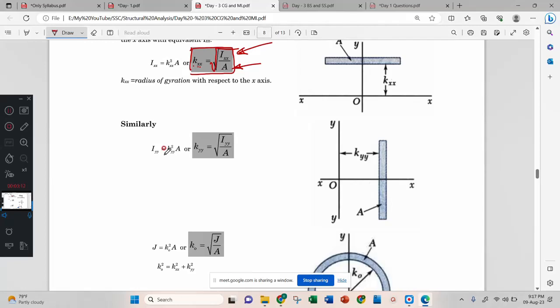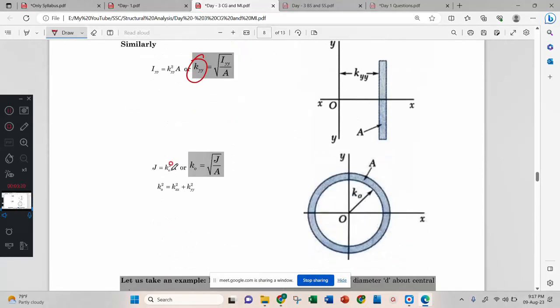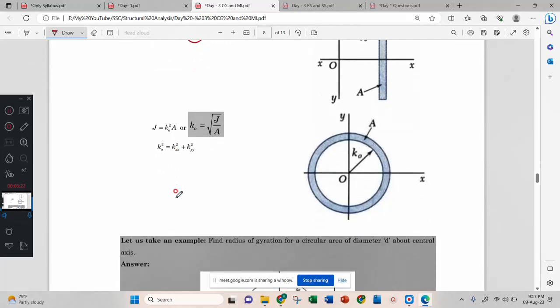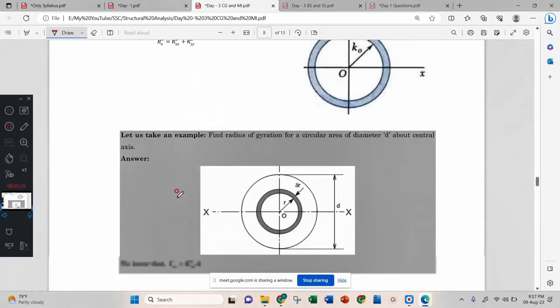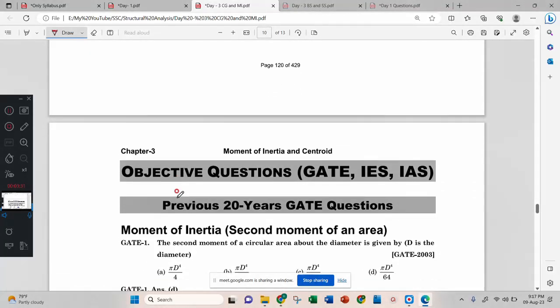Like that you can have KYY, the radius of gyration. The radius of gyration about the z axis also you can have, k naught, that is root of J by A. Okay, over. This much is moment of inertia and CG. Any doubt?